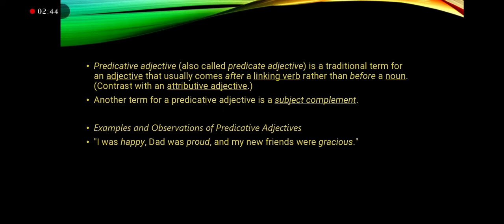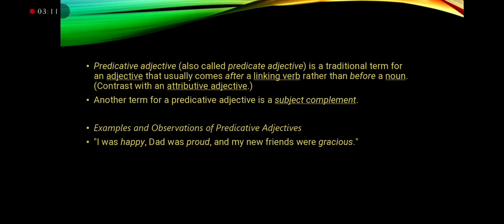Another term for a predicative adjective is a subject complement, and I will upload another lecture about subject complement and object complement. Examples of predicative adjectives are: I was busy, I was happy, Dad was proud, and my new friends were gracious.